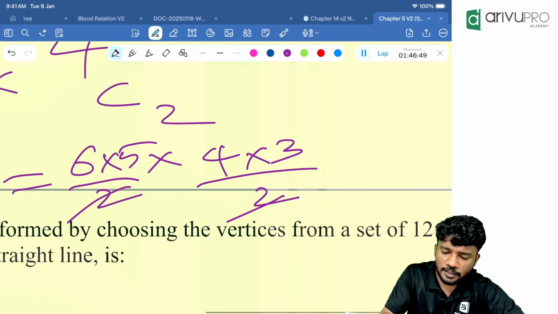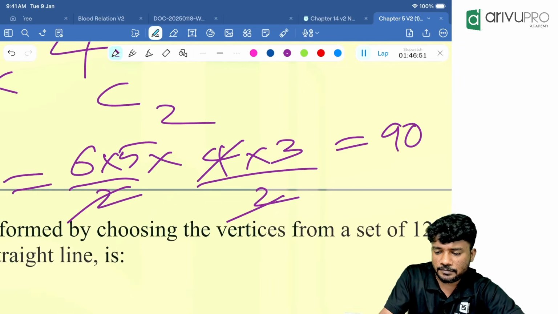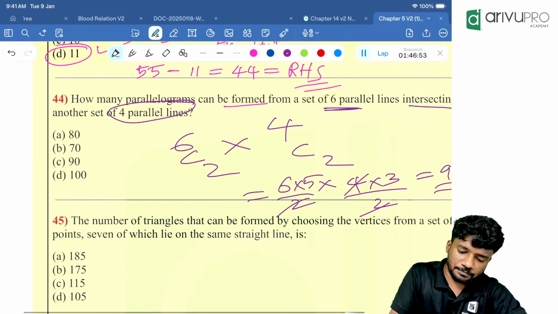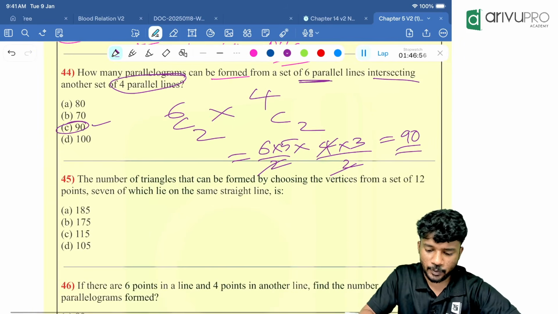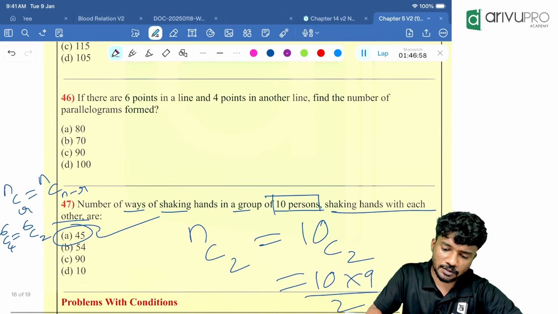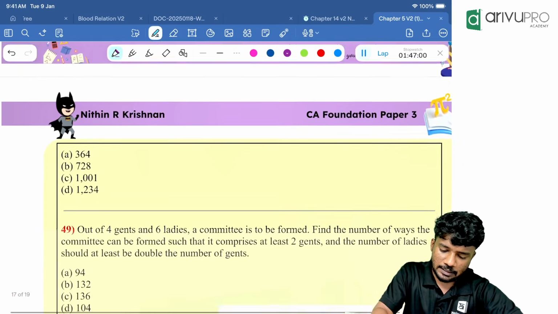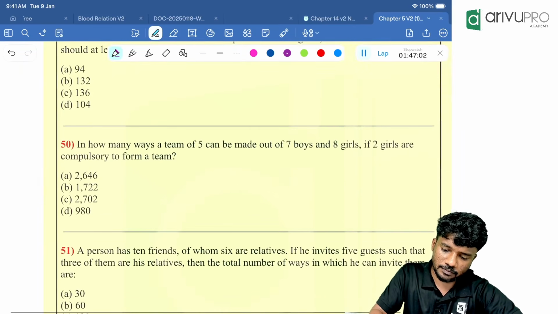Cancel things and get me the answer. How much is the answer? 90. Option C. Okay. Now the next question is over here.